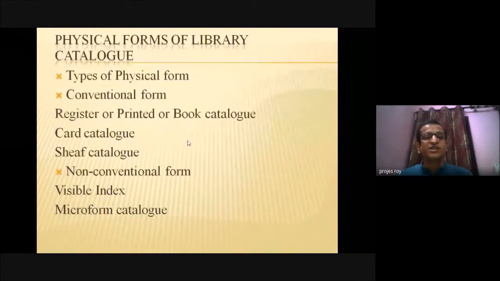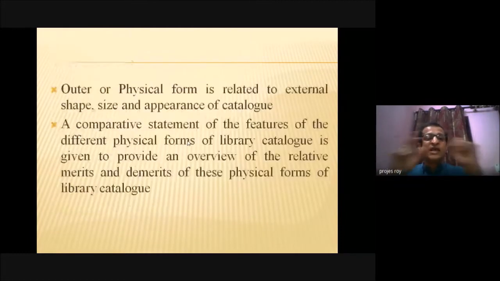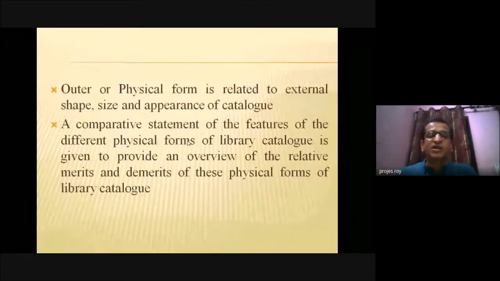In non-conventional form, visible index and microform catalog. Here, the outer or physical form is related to the external shape, size, and appearance of a catalog. So it talks all about the outer and physical format and features of a catalog card.